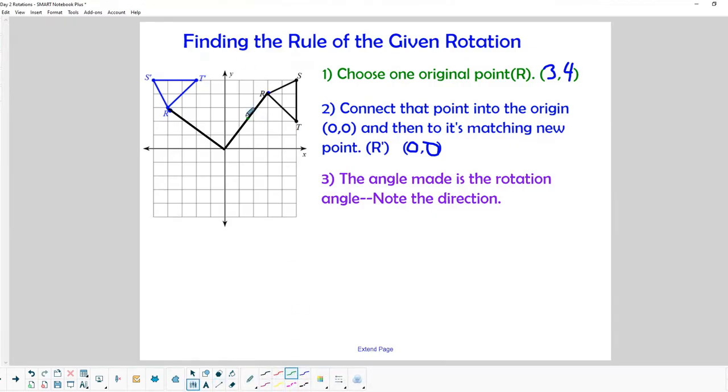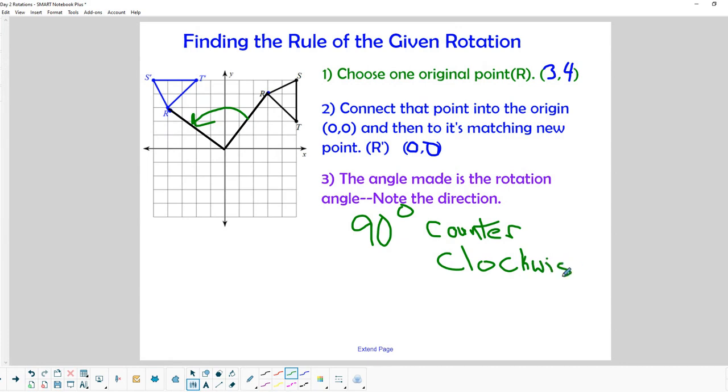It rotated from there to here, which is a 1/4 turn, so that makes it 90 degrees. And is that direction counterclockwise, right? Counterclockwise. All right, there you go.